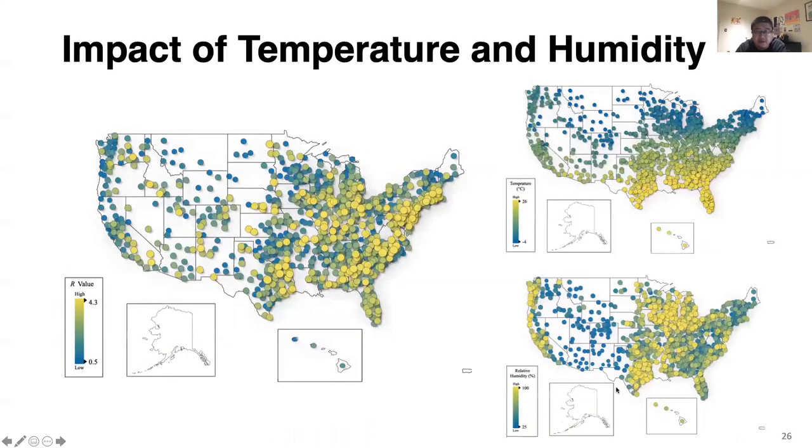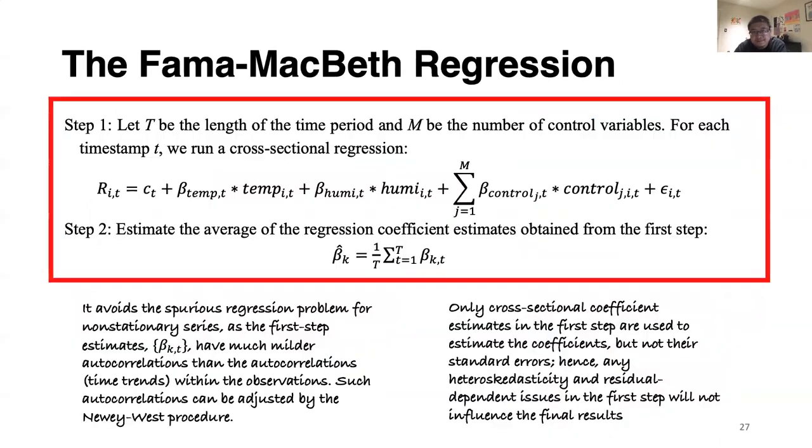And this is a similar figure, which shows the average R value from March 15 to April 6, 2020 for the 1,005 US counties. This is temperature, and this is the average relative humidity, from which you can get a sense of the potential correlations between temperature, humidity, and transmission.